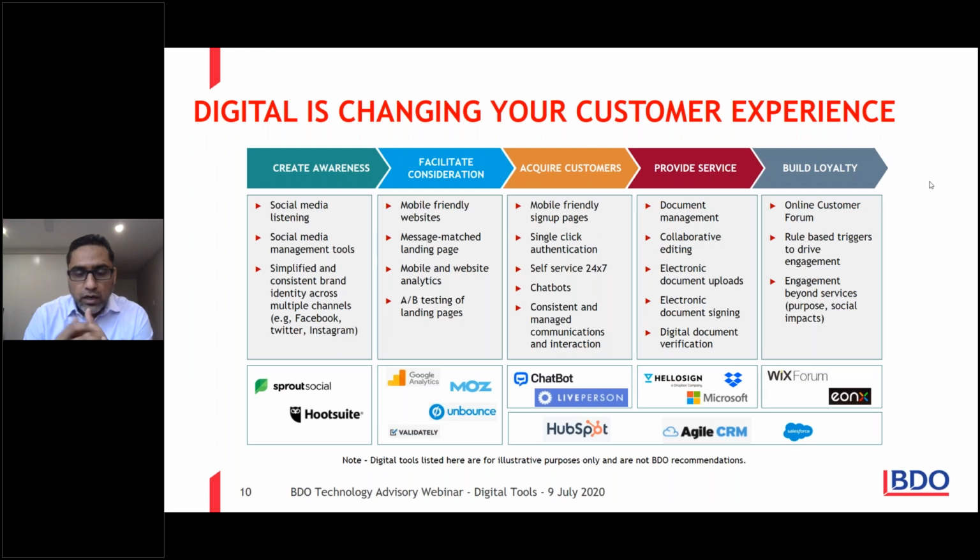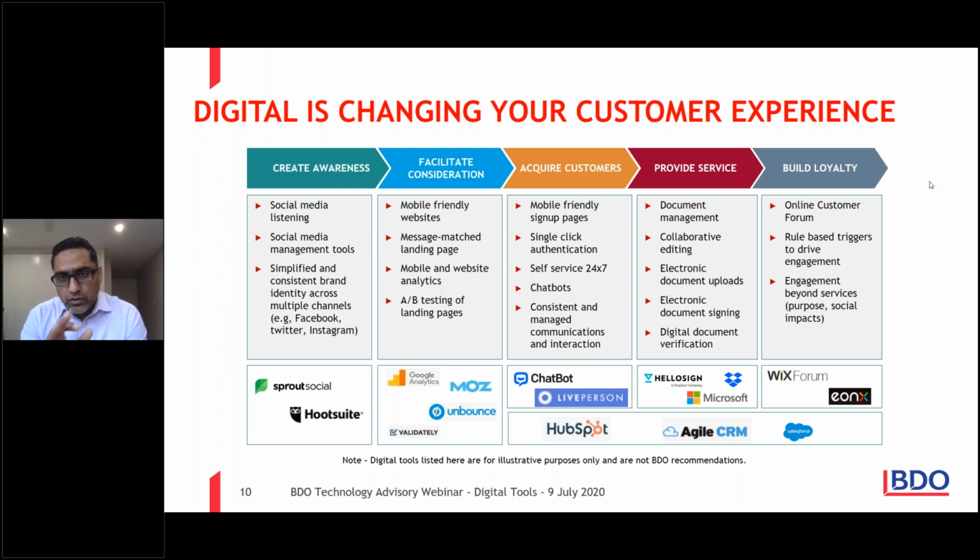So it's no longer couriering or putting documents in the post, but sending the documents electronically, accepting electronic signatures, and verifying identity in a digital way, so that the interactions with the customer while you're providing the service are as seamless as possible.